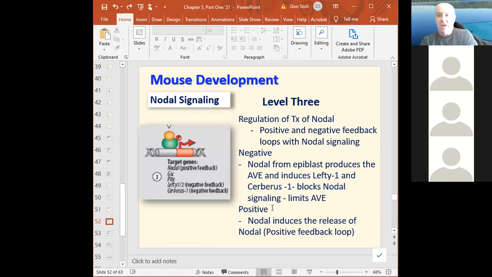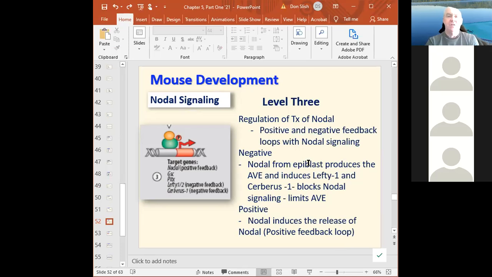Nodal being released by the extra embryonic ectodermal tissue will cause nodal to be released by the embryo, which then makes this feedback loop. Negative, nodal from the epiblast produces the AVE, which then induces the production of nodal blockers, Lefty 1 and Cerberus, okay?